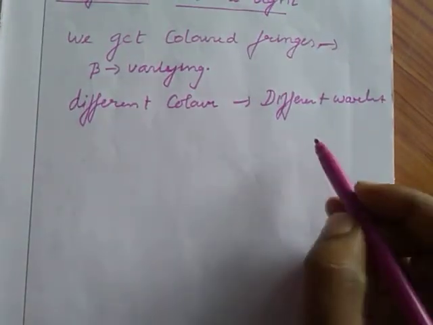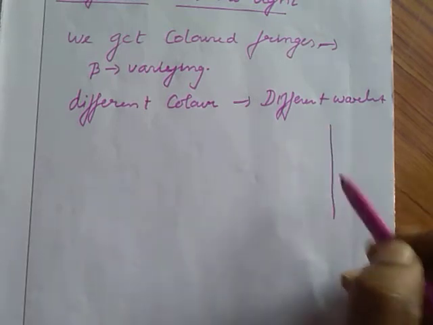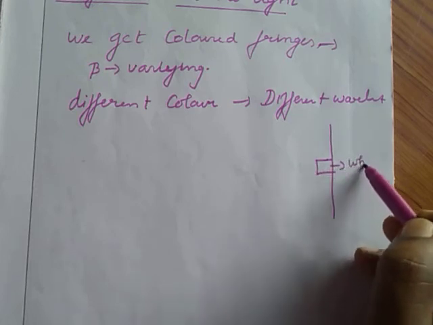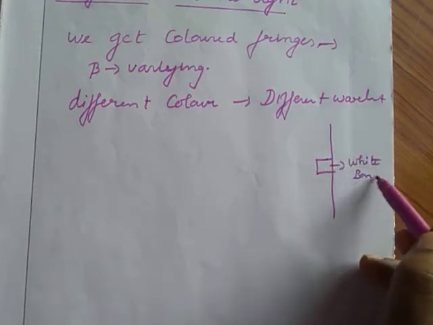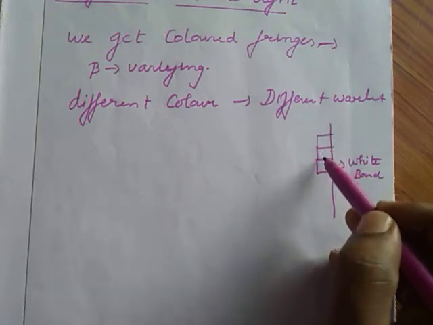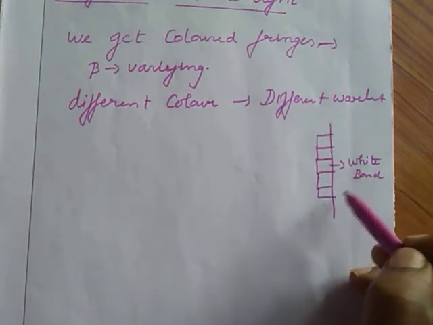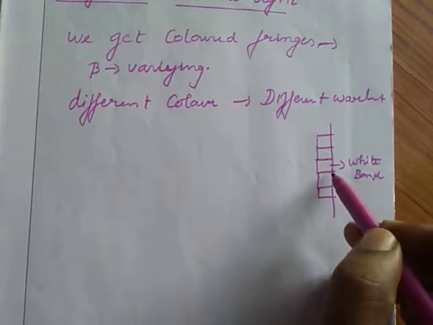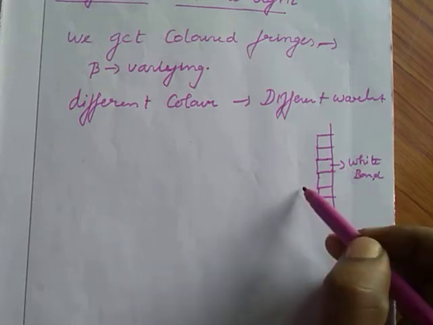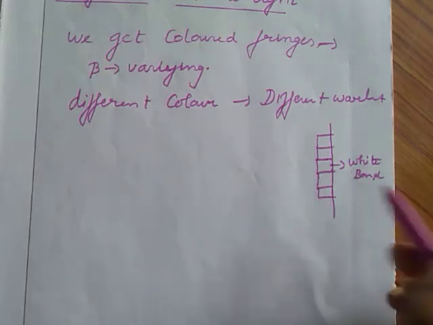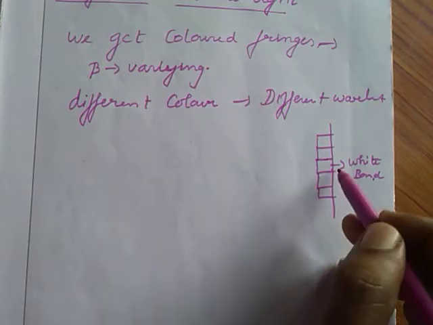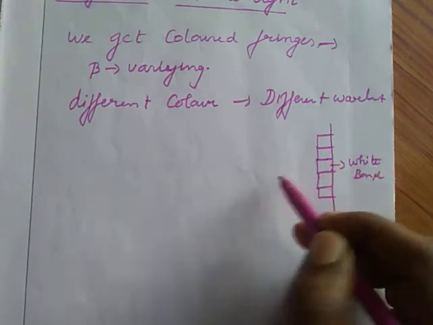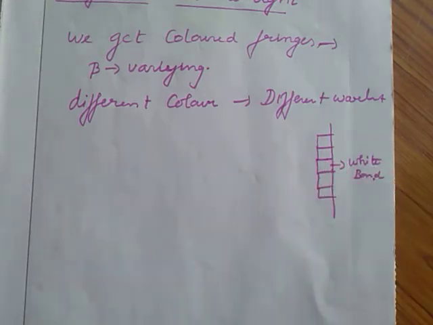And we know in Young's double slit experiment with monochromatic light we get a central bright band. Here we get a central white spot, a white band, followed by different colors. In that center band there is no path difference between the two waves interacting at the point O. So we get white color, because all the colors are interacting at that point.